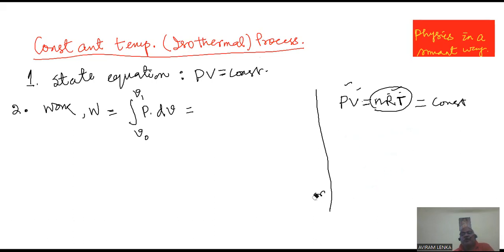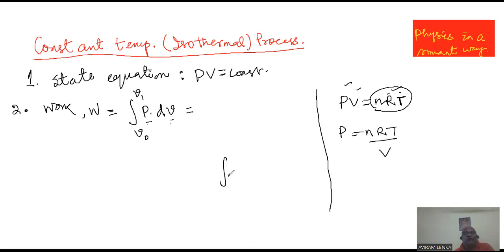We know that PV equal to nRT. So if a student likes, he or she can write P equal to nRT by V, or V equal to nRT by P. Here in the integration, we are involved with a situation where pressure is variable and volume is variable, but these are different variables.